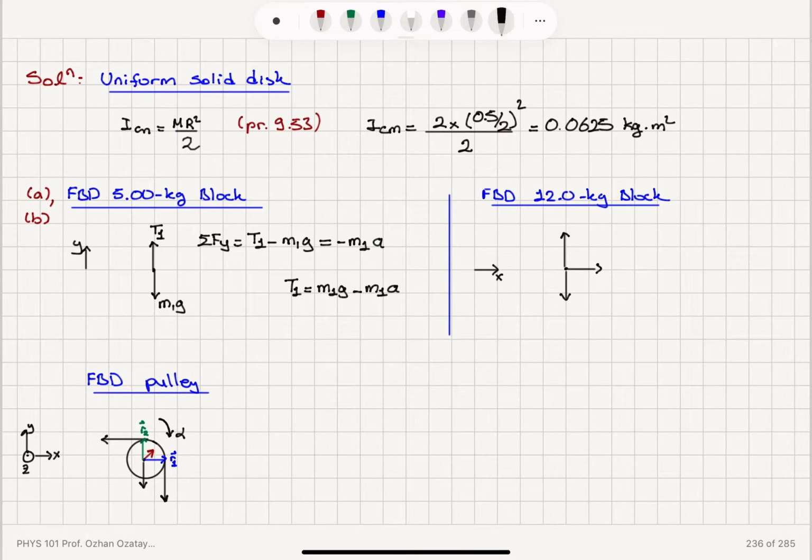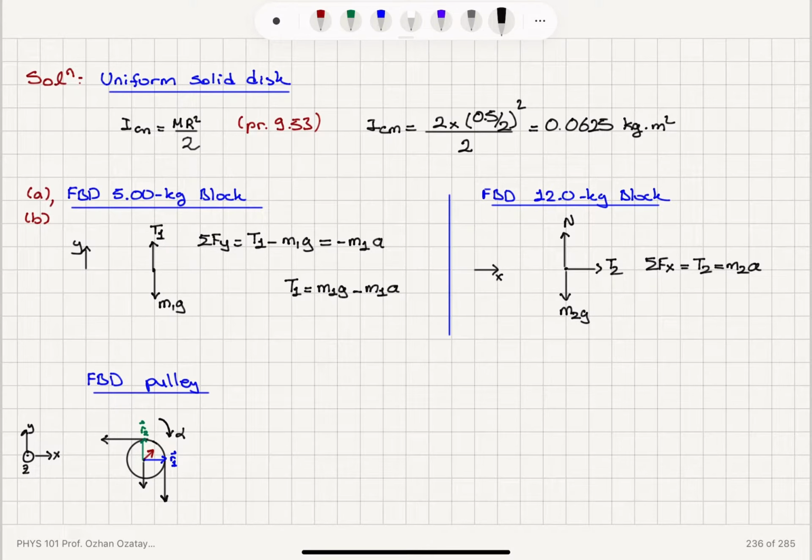So we identify the forces as the weight, M2G, the normal force, N, and tension on the second wire, T2. And if this is our x-axis, net force on the x-axis is just the tension T2, which is equal to M2 times the common acceleration A of M1 and M2.